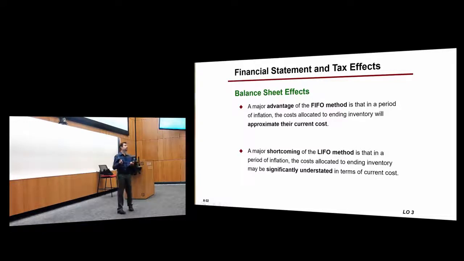So there's about a $2.5 billion difference between LIFO and FIFO. Companies can use whichever they want, but they have to be consistent. And when they make the switch, they have to explain what effect that makes on net income.